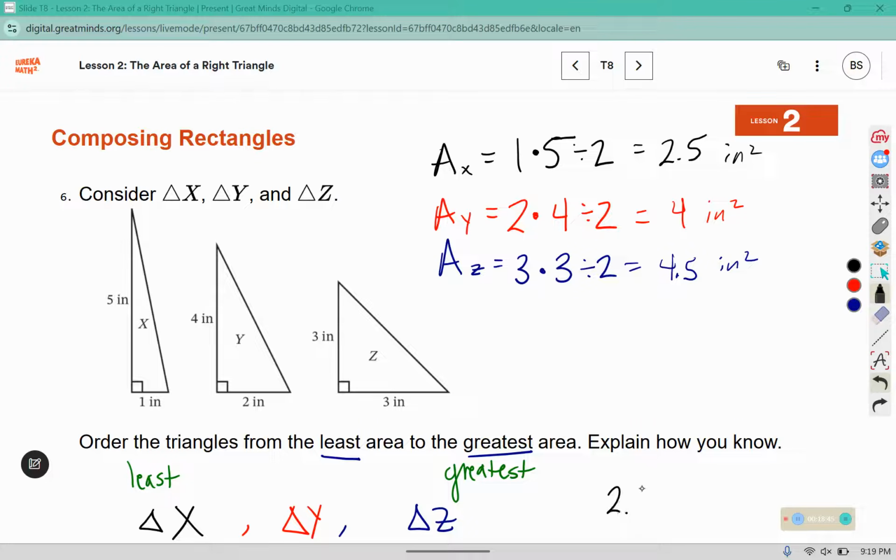Well, 2.5 is less than 4, and 4 is less than 4.5.